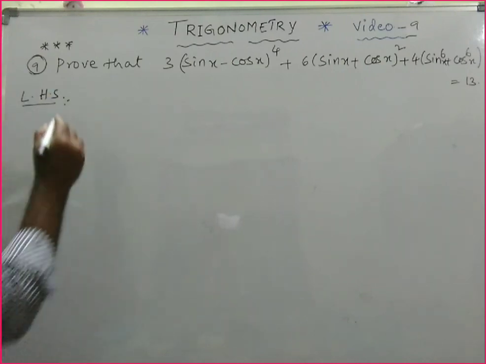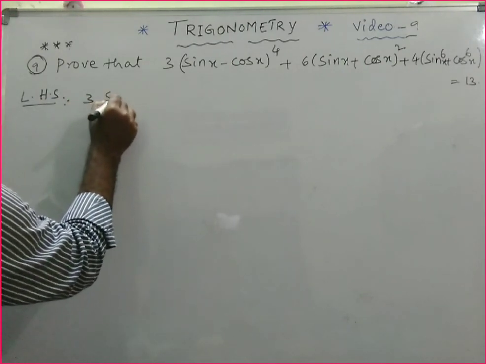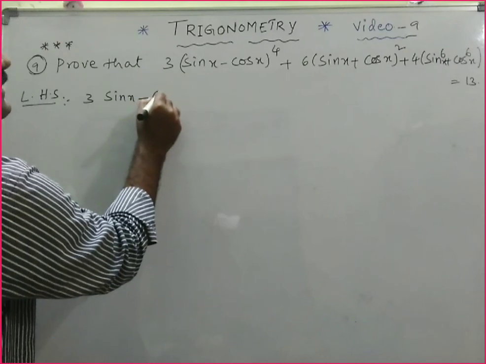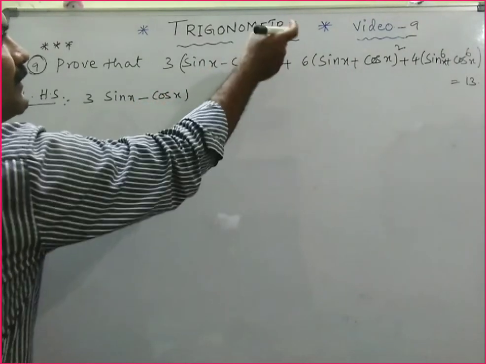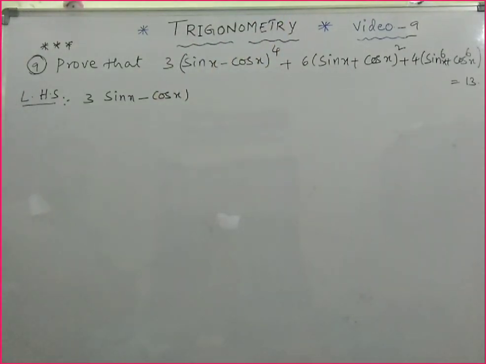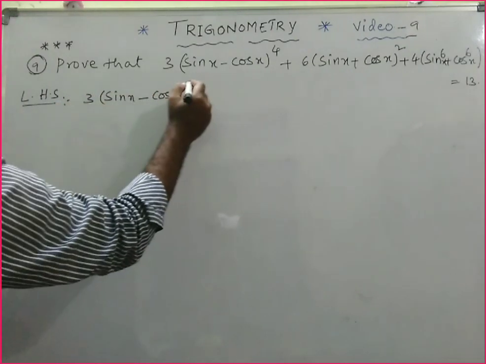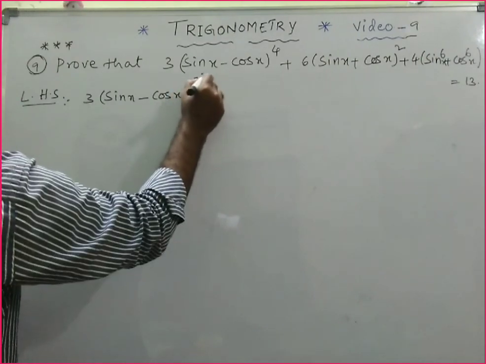LHS. So first of all, I just want to write this as sin x minus cos x whole power 4. We have no formula directly, isn't it? Anybody knows what is a minus b whole power 4? No. So that's why the technique is here. Better you can write like this.